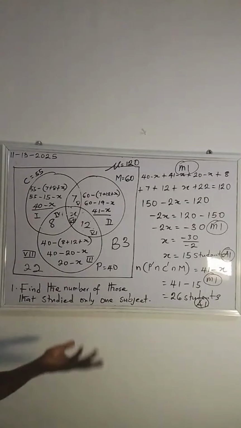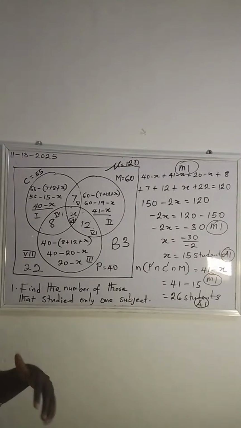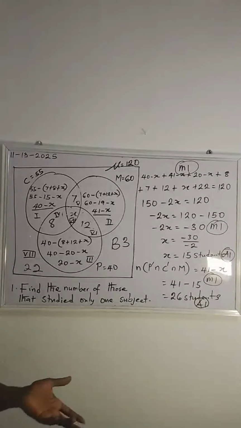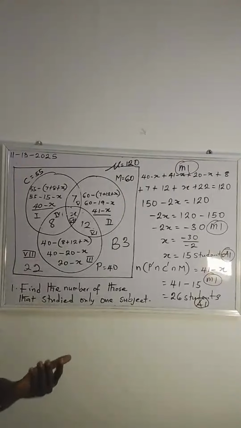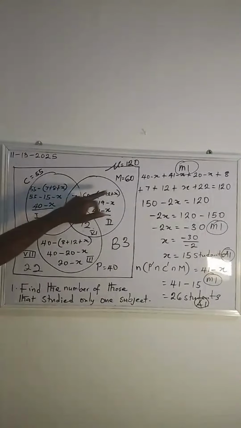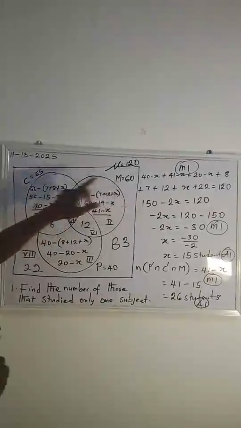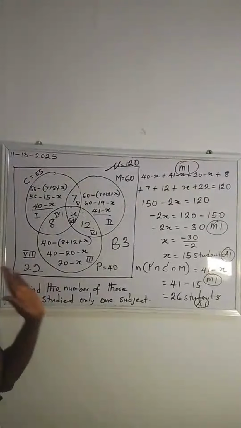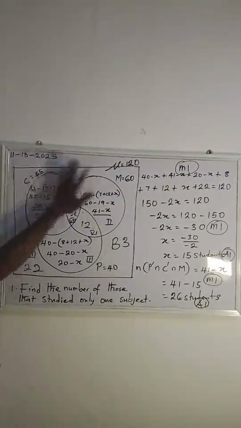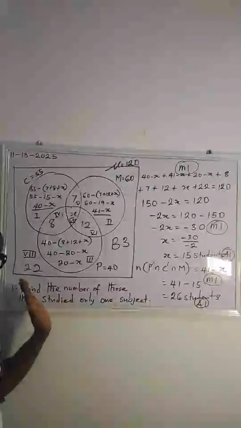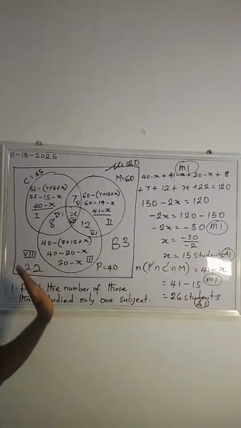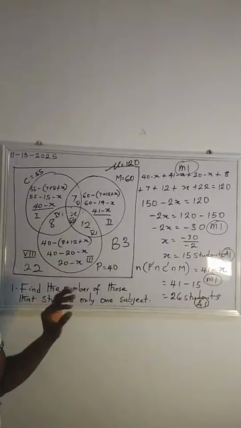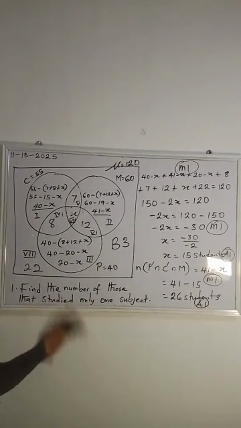It's just an alphabet. I just decided to use C, not because chemistry starts with C. You can use A to represent the set of those that study chemistry. So it's very important for you to let us know what M is, what C is, and what P is. If you don't do that, the implication is your Venn diagram does not have meaning, and the consequence is that you are scoring 0 for the diagram.